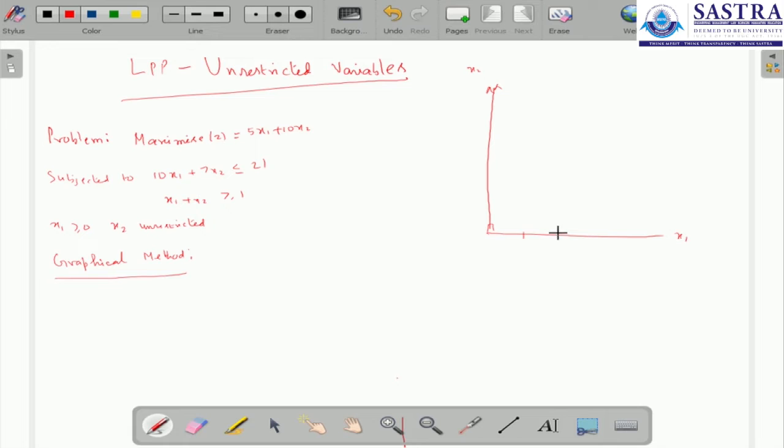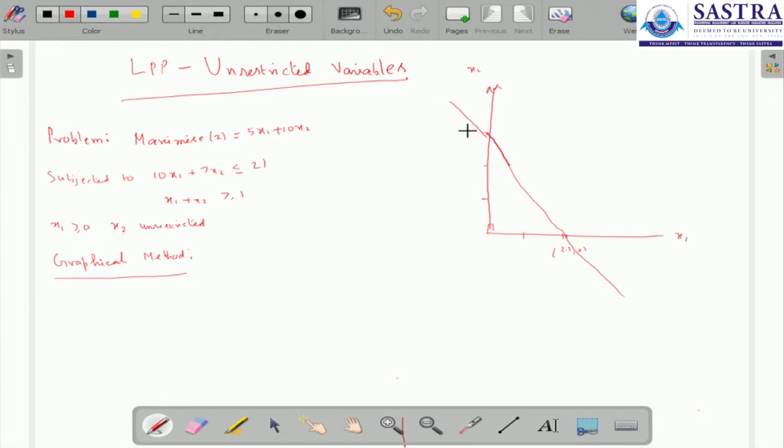So here it is 1, here it is 2, so 2.1 will be somewhere here. This is 2.1 comma 0. Similarly, if I set x1 to 0, then x2 will be 21 by 7, that is 3. So 3 will be somewhere here. So I have to draw a line through 0 comma 3 and 2.1 comma 0.